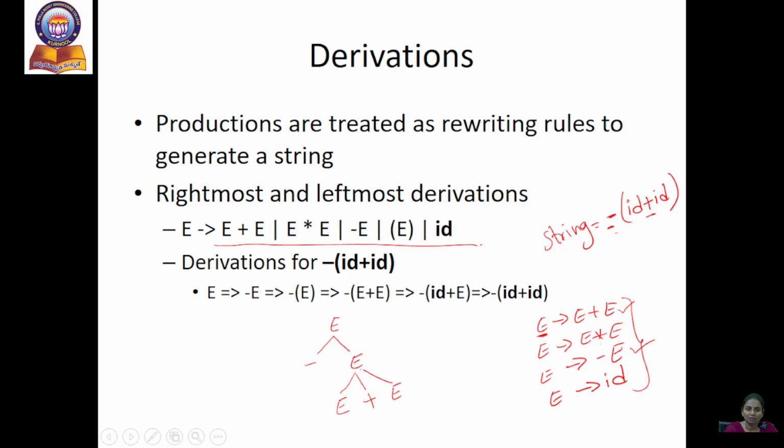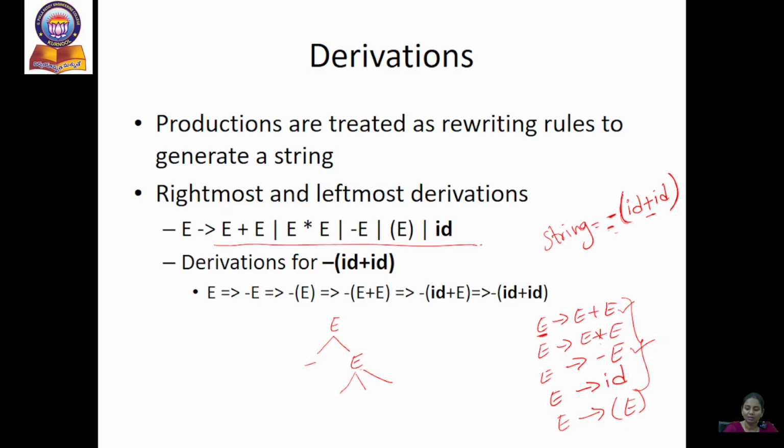Sorry, I forgot to write one more production here, that is E within brackets. Before the addition, I have the string within the brackets, so after minus the string should start with the open bracket.